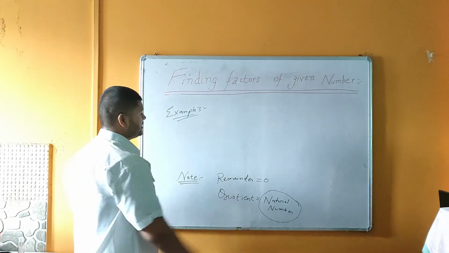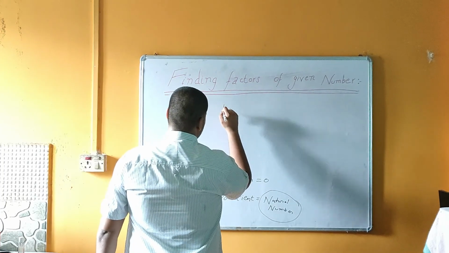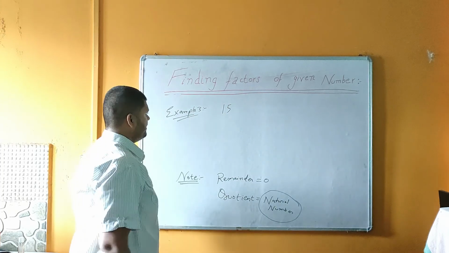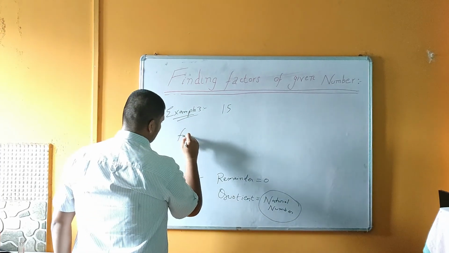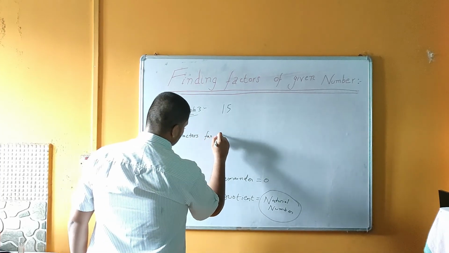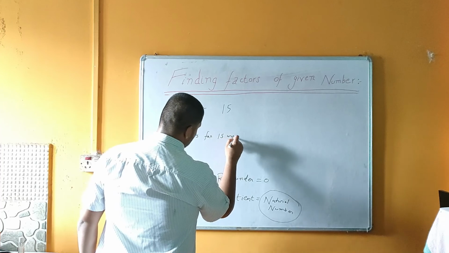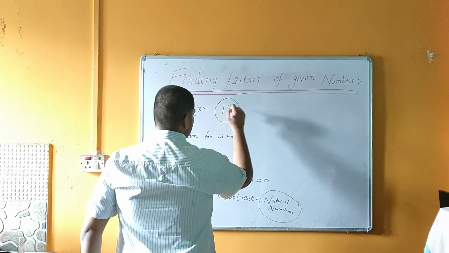Now we are going to take a double digit number. Suppose I am taking 15, and I want to find the factors for 15. So I am writing over here factors for 15 are. We know that for every given number, this is the given number.